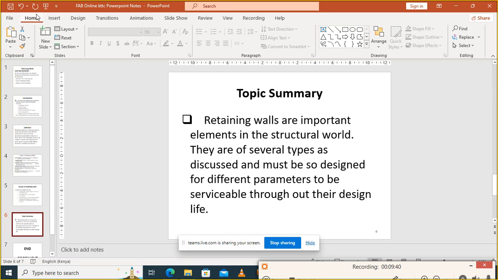So that forms the end of our lecture. In summary, what have you learned, class? The types of retaining walls, how we design them, and lastly, the definition of retaining walls.